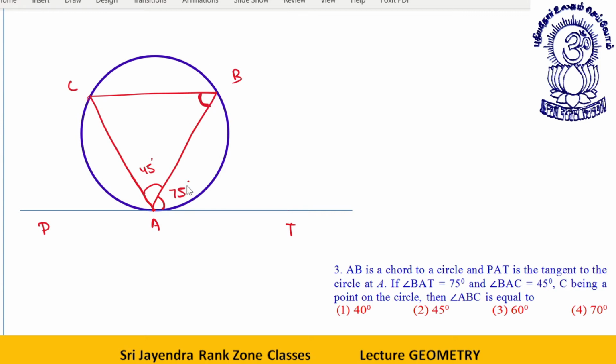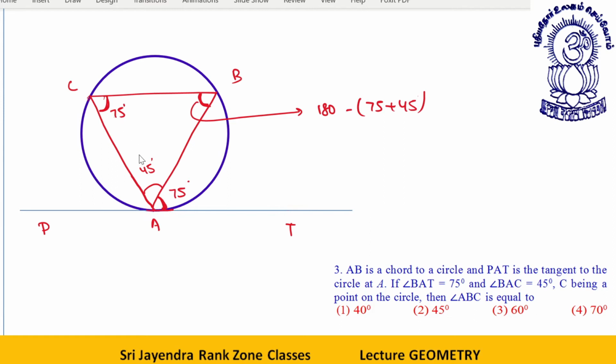There are two ways. If this angle is 75 degrees, how come? This is one segment, this is a tangent, this is a chord, so the angle over here will again be 75 degrees.